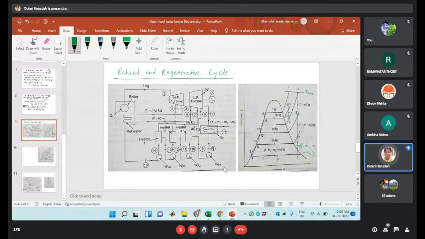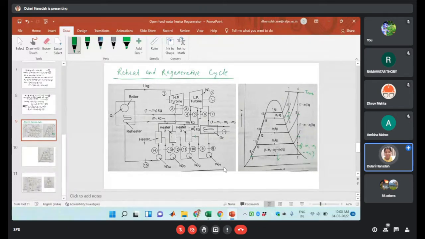Okay. So here it will become 1 minus m1 minus m2. So this point, and it will go again from point 10 to 11. This will be entry to the heater 2. Okay. Sorry, 10 to 11 is the pump 2. So this is 10 to 11 pump 2.